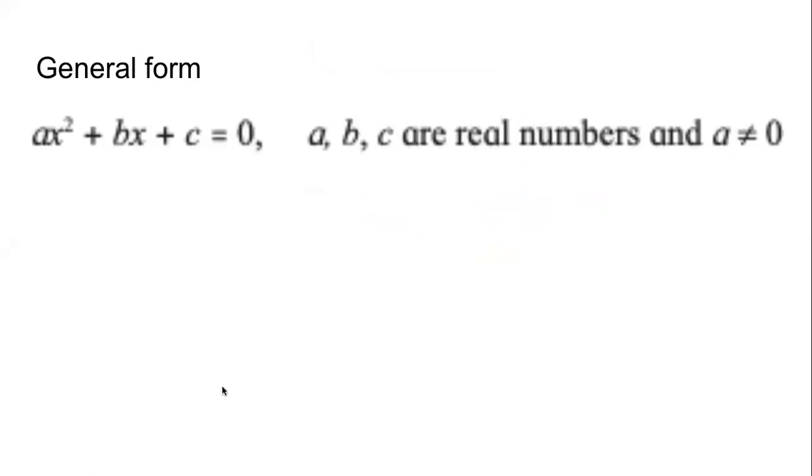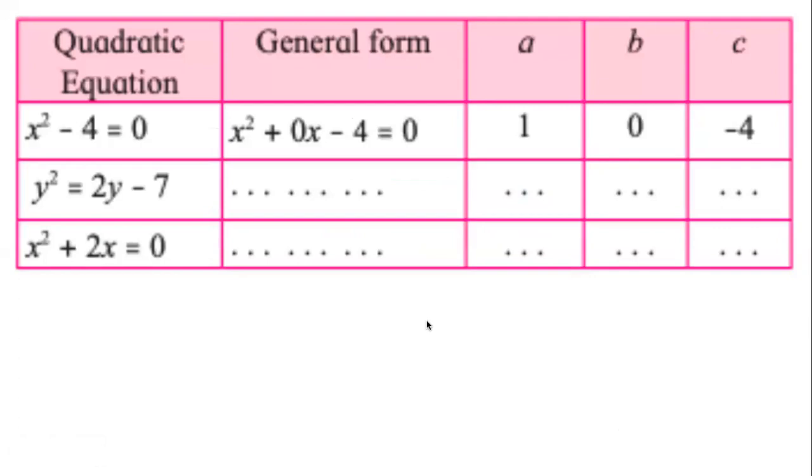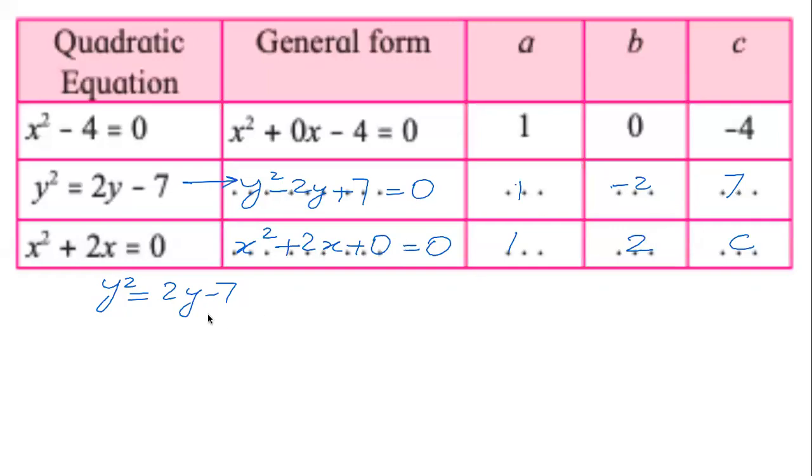What you are doing now is finding the answers and completing this table, which is there in the textbook on page number 31. The equation that is given to us is y square equals to 2y minus 7. We need it in the form ax square plus bx plus c equals to 0.